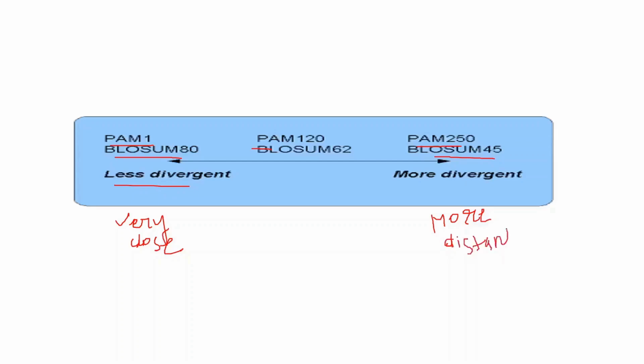You have to remember: for very close sequences, use low PAM value and higher BLOSUM value, and for more distant protein alignment, use higher PAM value and low BLOSUM.